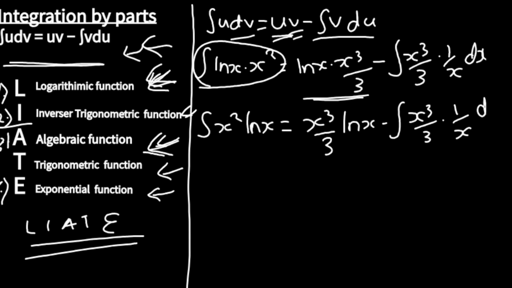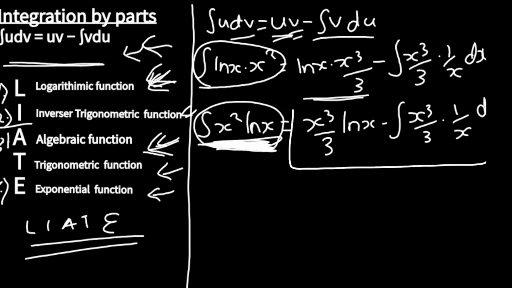Now here you realize that this was the question. Our question was to find the integral of this, right? So the integral of this is going to be this here. So we are just going to work out this, and this will be the answer to this integral. So let us work out this.